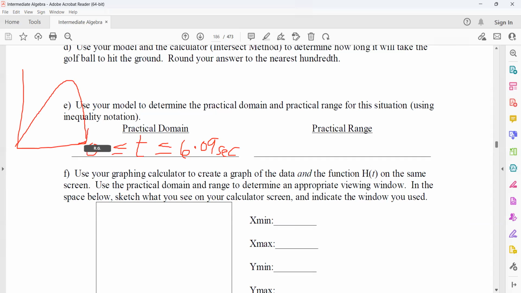What about the practical range? Remember, it goes from here to there. Now, what is the maximum, the vertex, the maximum y? I think it was 146.99, right? 146.99. We calculated for that earlier, right? And this was 3.03. So we're going to have 0 and then h of t.